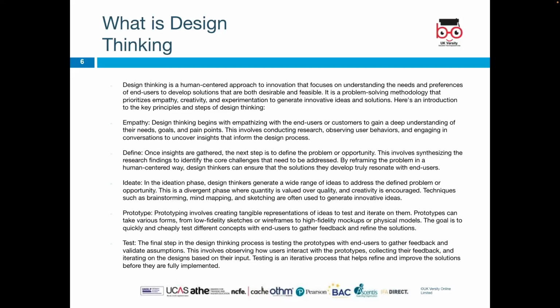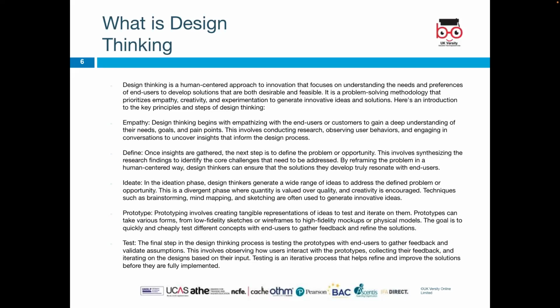The next one is ideate. In the ideation phase, design thinkers generate a wide range of ideas. So in that phase, you have loads of ideas to address the defined problem or opportunity. This is a divergent phase where quantity is valued over quality and creativity is encouraged.